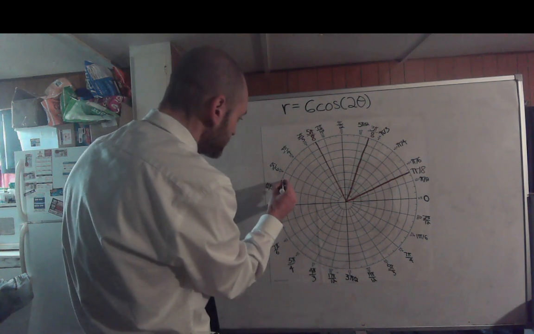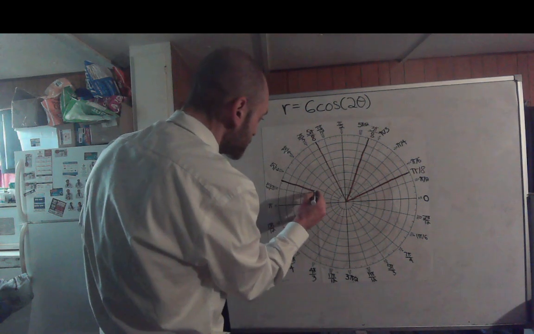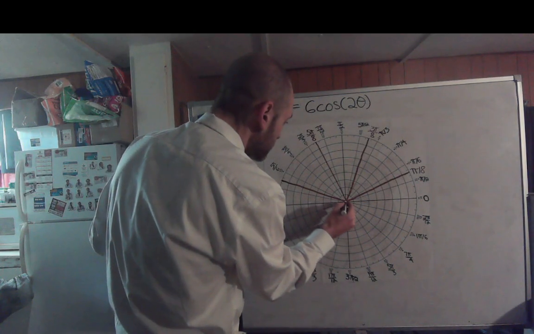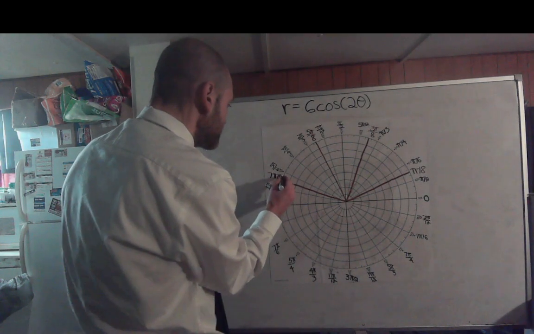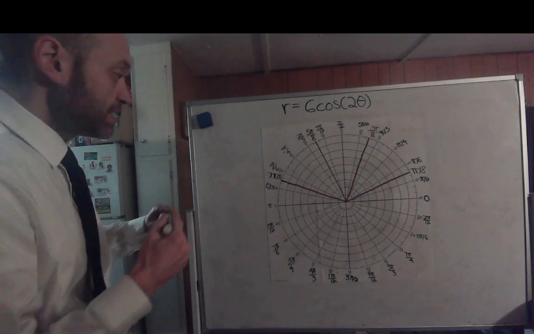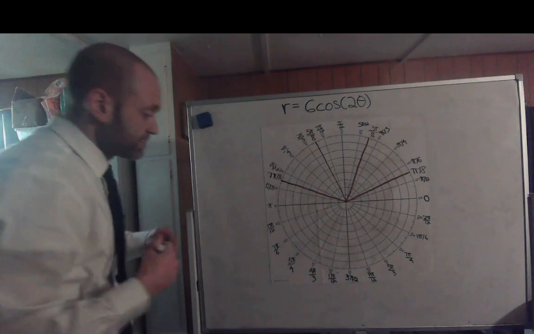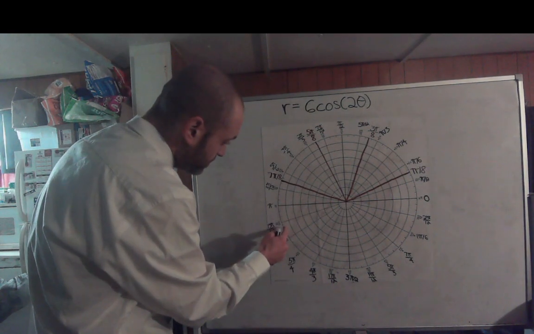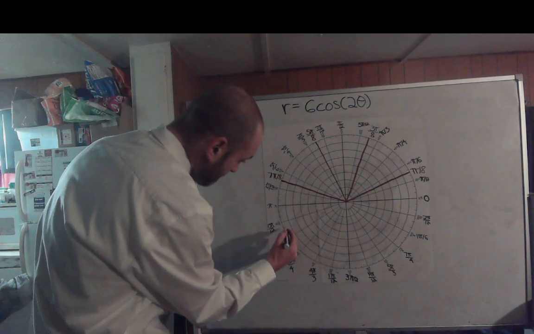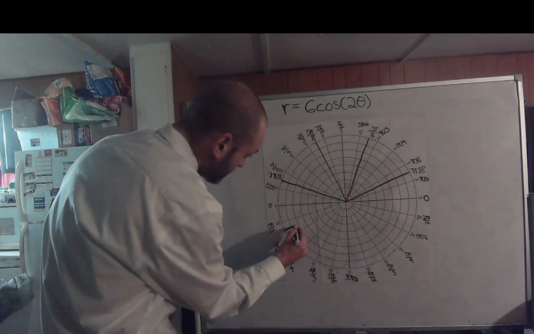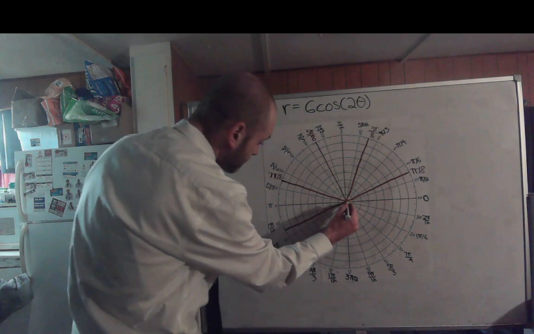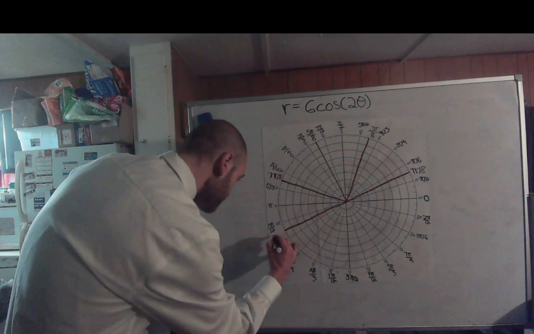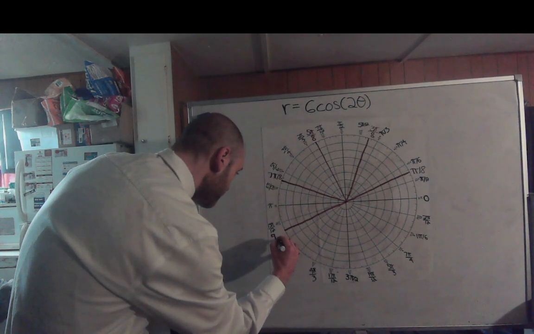That's about right there. So here's my 7 pi over 8, and then next let's get a 9 pi over 8. So there's my 9 pi over 8.